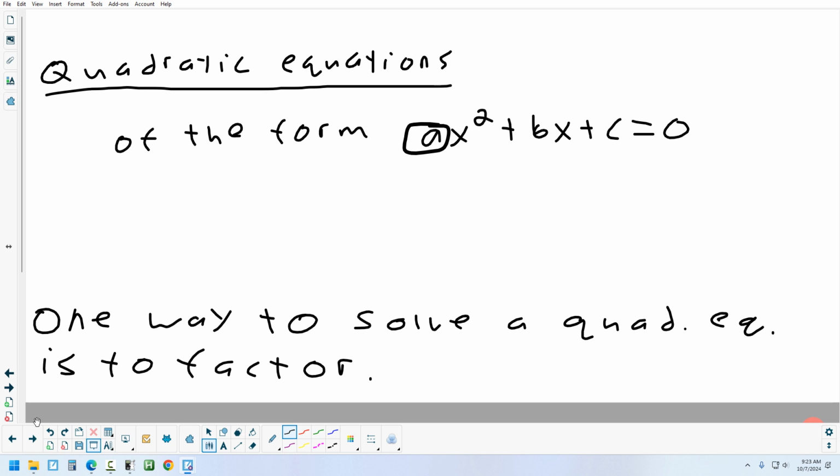So what our goal is when we have a quadratic equation, if we can, we want to break it down into linear equations. Those are the kind of equations we've already been practicing how to solve. In order to take a quadratic and break it down into linear, you need to factor it.